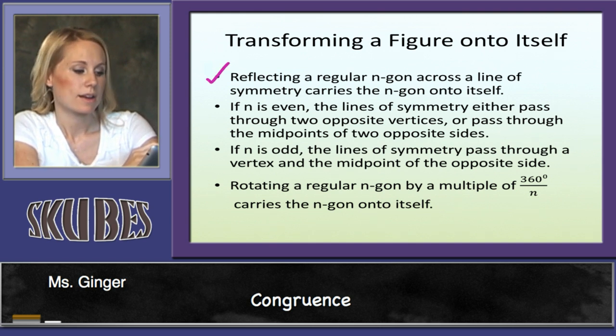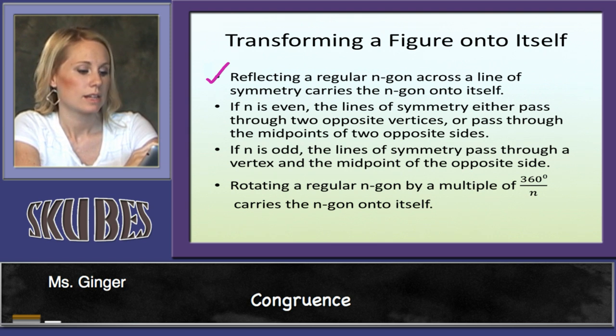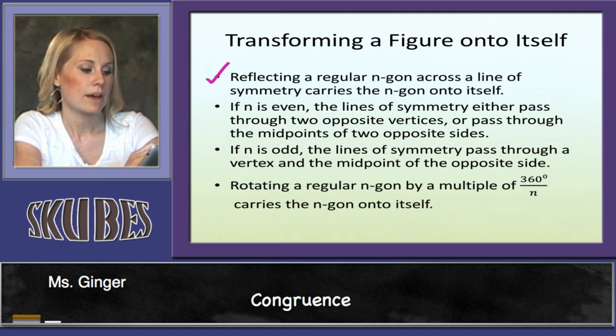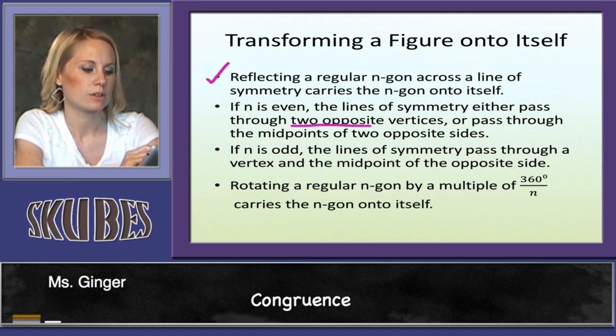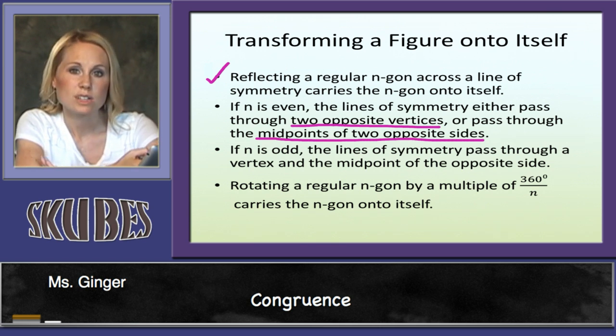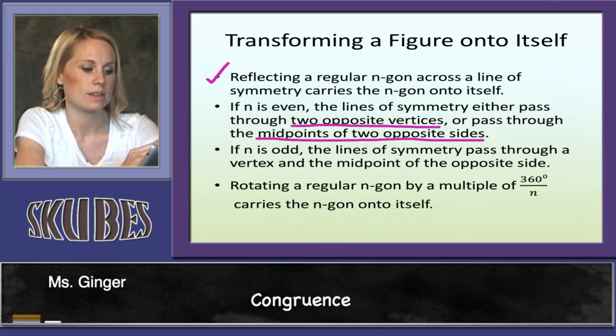If your shape has an even amount of sides, then the line of symmetry, the one that you'll be able to reflect the figure over and get the same congruent figure, is going to pass through two opposite vertices or through midpoints of two opposite sides. So two vertices or two sides. That's when the amount of sides is even.